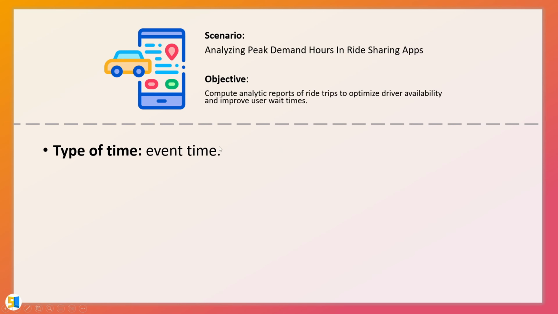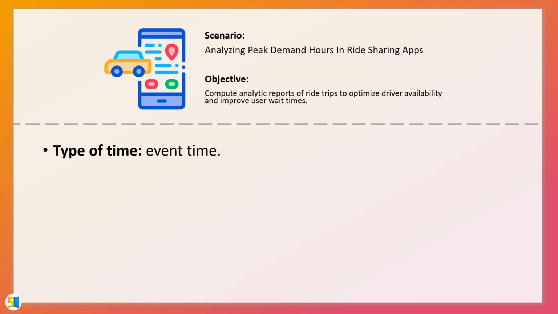We can choose event time, because event time is the actual time when each trip started and ended, and it is crucial for analyzing demand relative to the exact time of day, independent of when the data arrives at the servers.